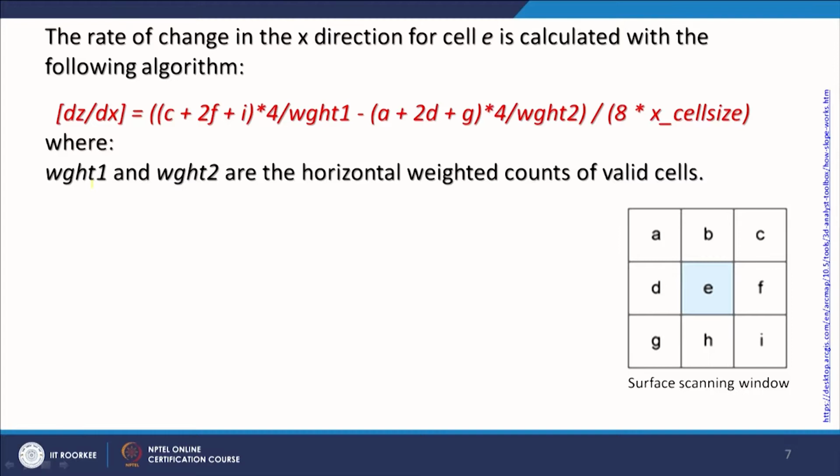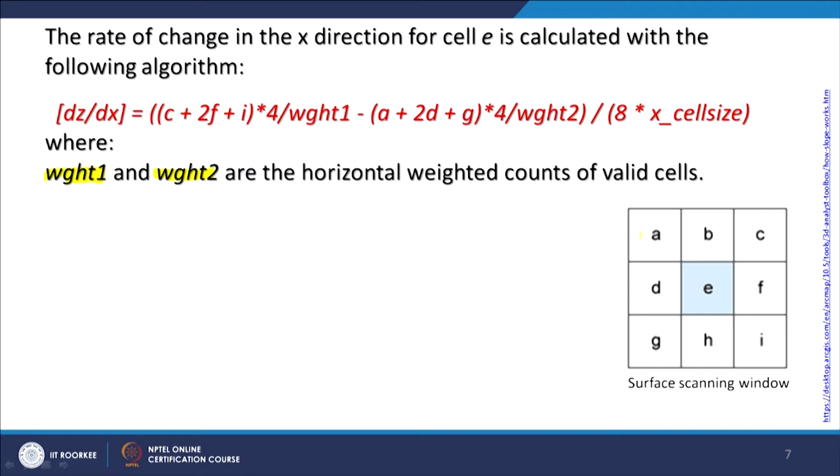Again there the weights are there. Weights can also be given, as I have been telling earlier. For each cell in the neighborhood the weights can be given, and that becomes a typical spatial filter if we bring in the analogy of digital image processing.